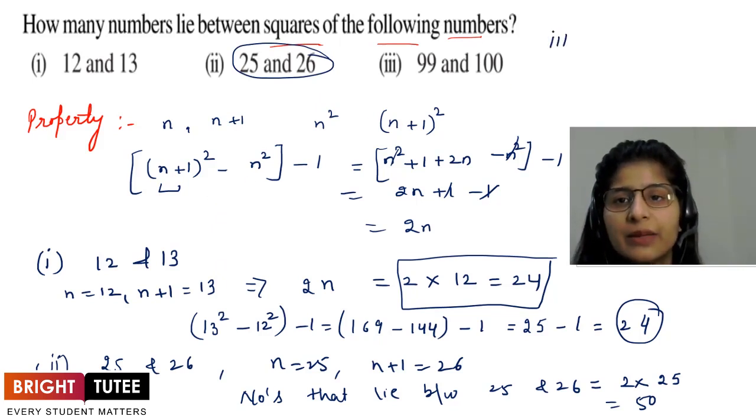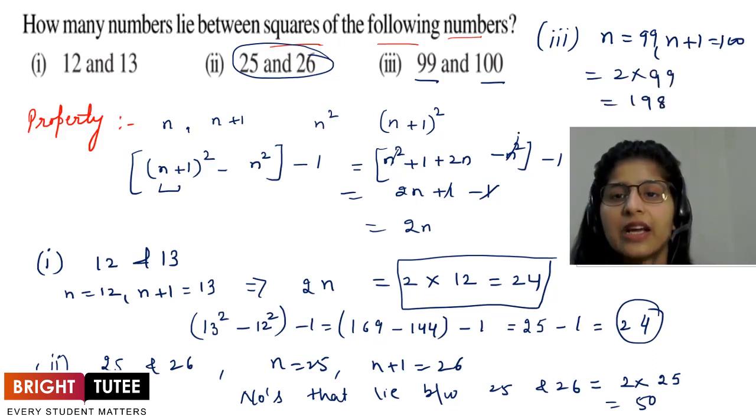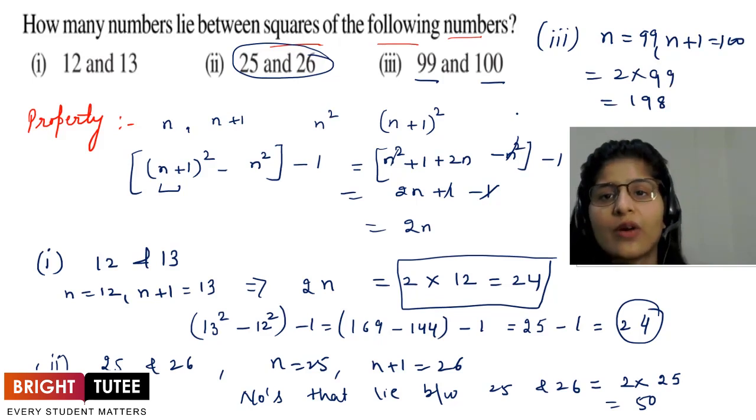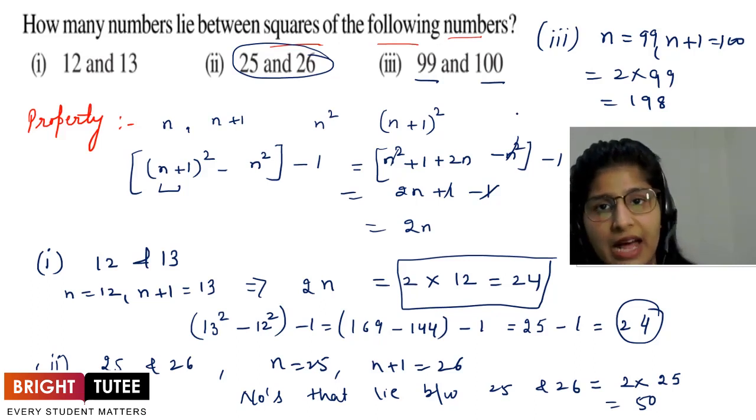If we try the third part, just to see, 99 and 100, n is 99, n plus 1 is 100. So 2 into n, with n being 99, gives us 198. That means between the square of 99 and the square of 100, there are large numbers.